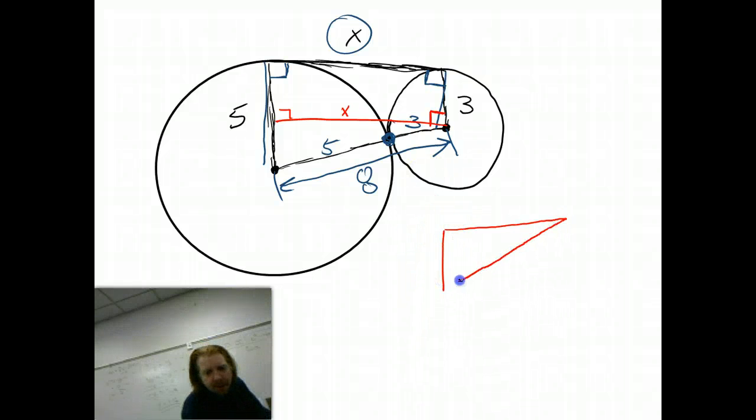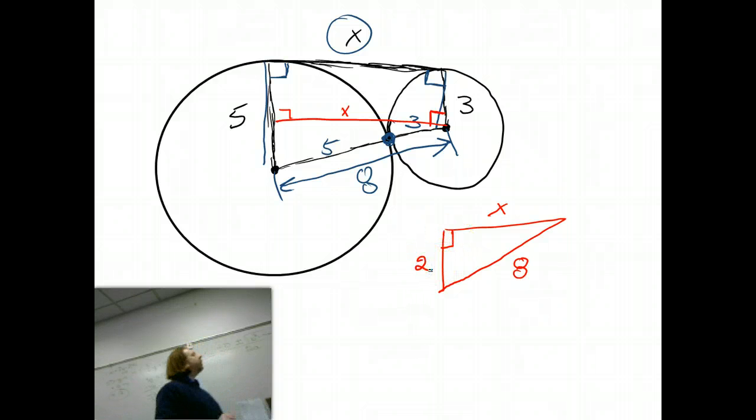I've got x here, 8 here, and then this length over here, 2, because that's 5 minus 3. The radius is 5 units, this length. I slid it down 3 units, so that leaves 2.